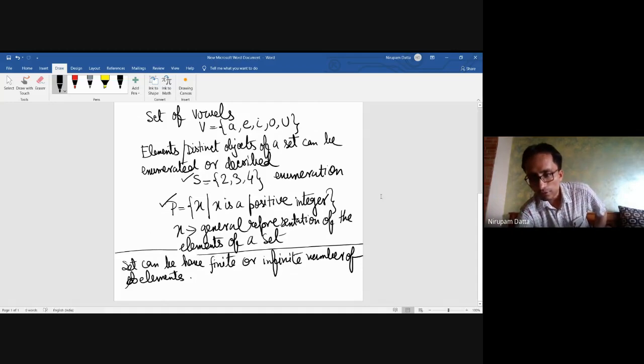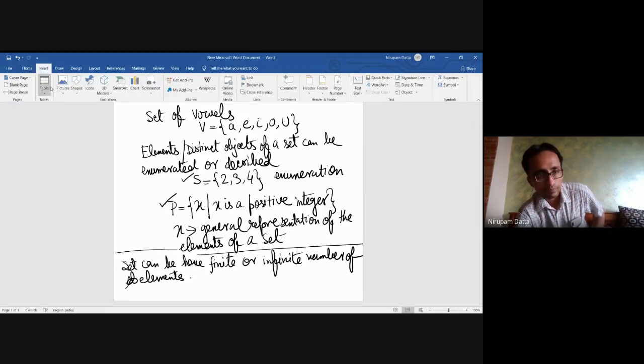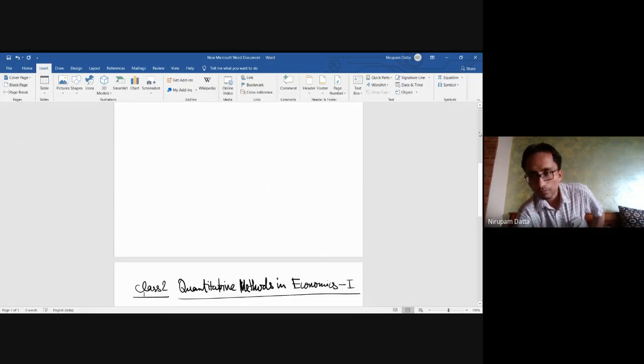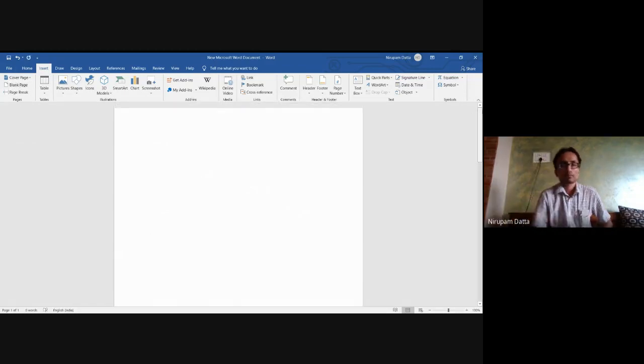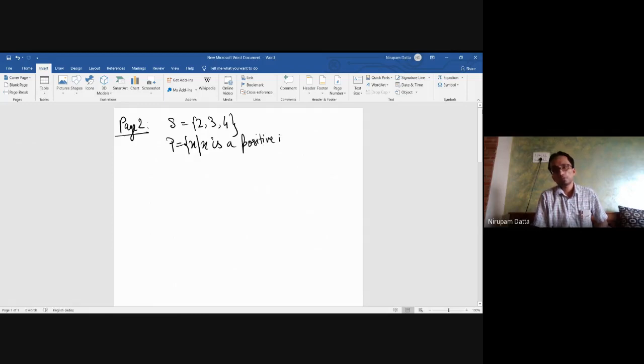Next, there is one more description that has to do with the countability of the elements of a set. Let us consider these sets: S = {2, 3, 4}, P = {x | x is a positive integer}.